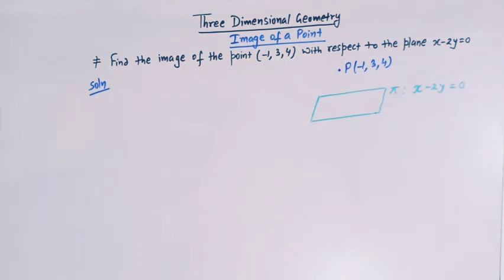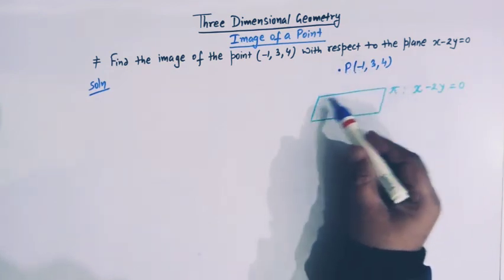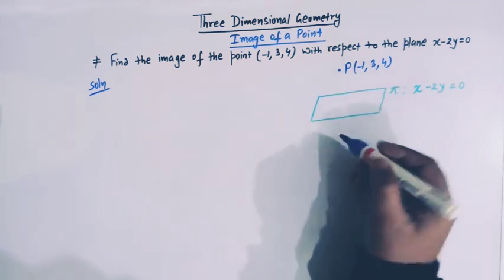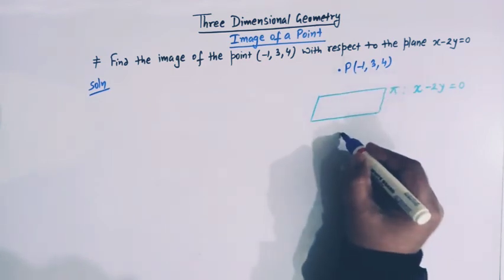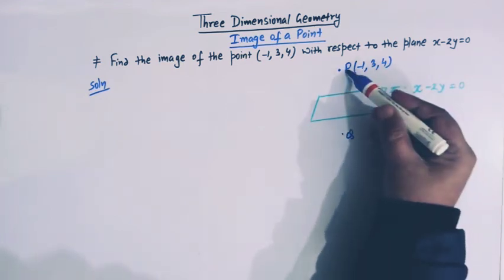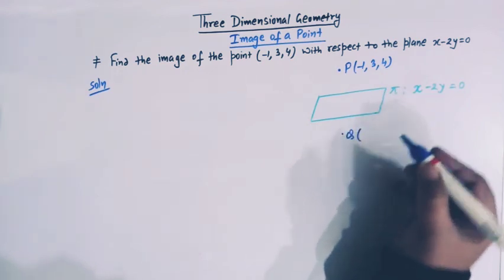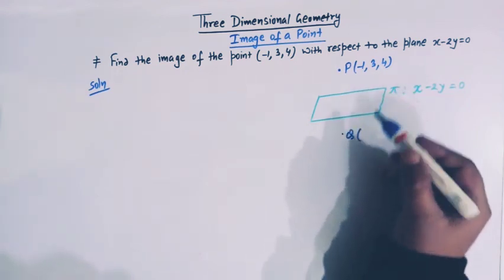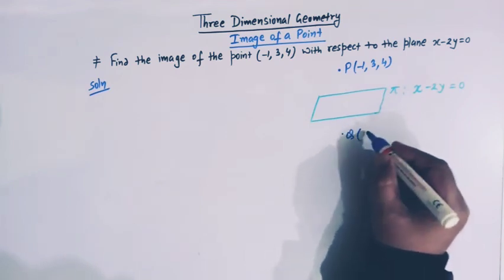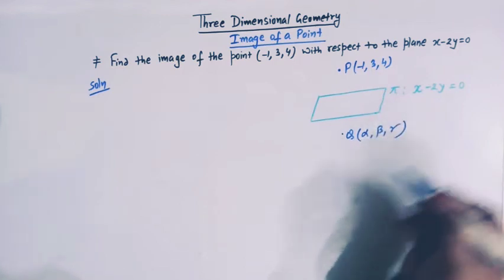Now the image of this point P with respect to the plane lies at this point. Say Q is the image of this point P with respect to this plane. So let us assume that the coordinates of this point Q are say alpha, beta and gamma.